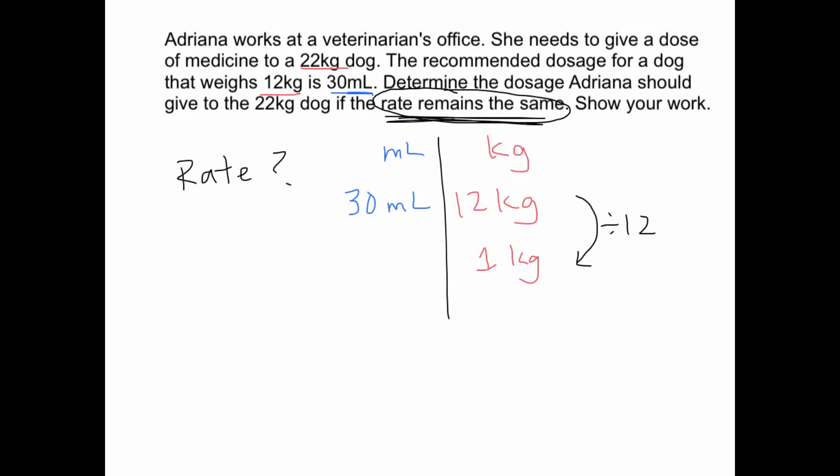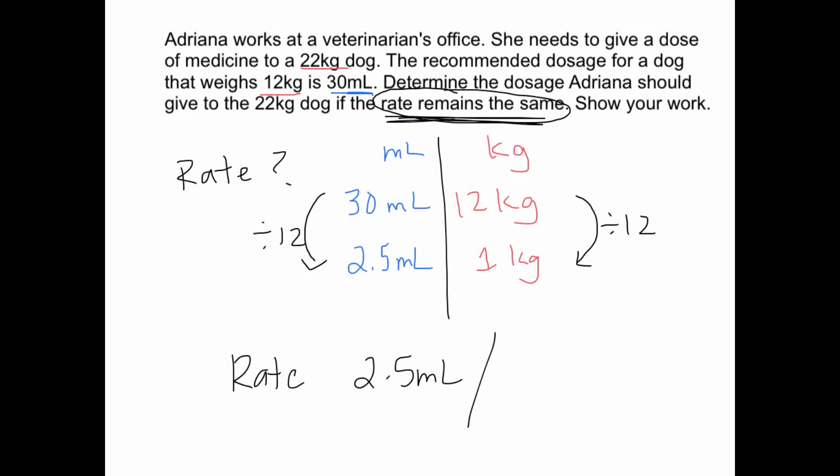Well, to determine how many milliliters I need for a 1-kilogram dog, I'm also going to divide this side by 12. So what's 30 divided by 12? 2.5. So that means that for a 1-kilogram dog, we would need 2.5 milliliters. So the rate is 2.5 milliliters for every 1 kilogram.